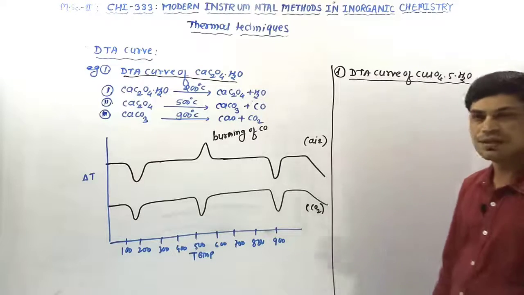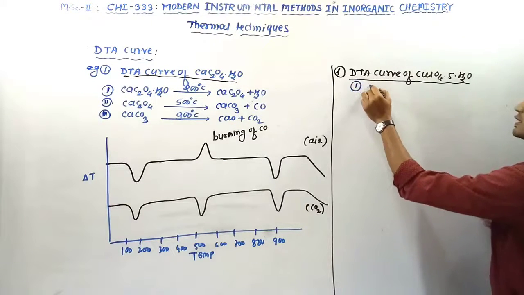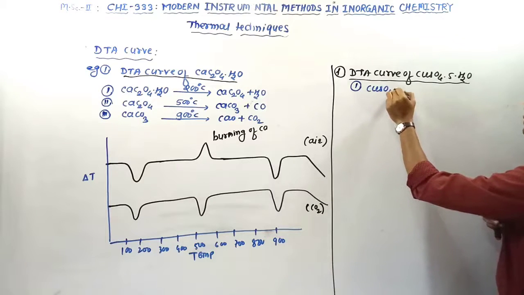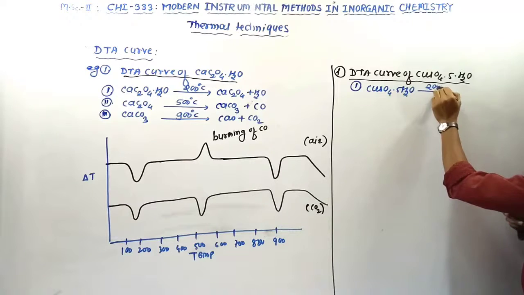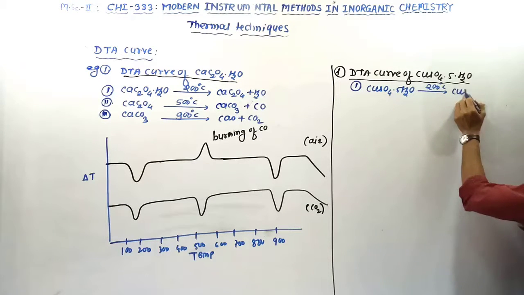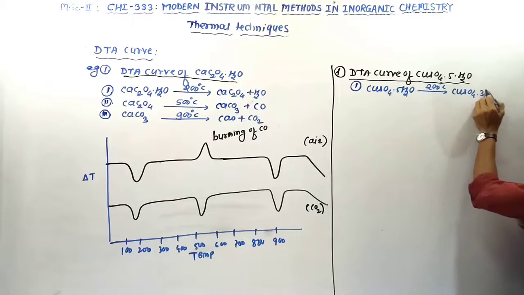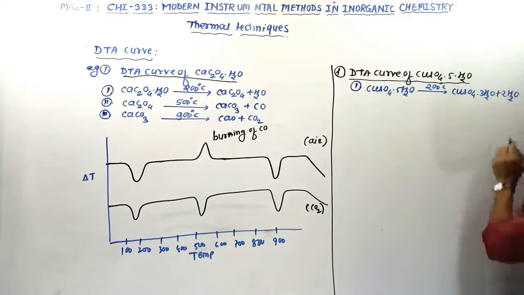What happened in the first case? Loss of two water molecules. Our first reaction is that CuSO4·5H2O around 200 degrees Celsius loses two water molecules, and we will get CuSO4·3H2O.